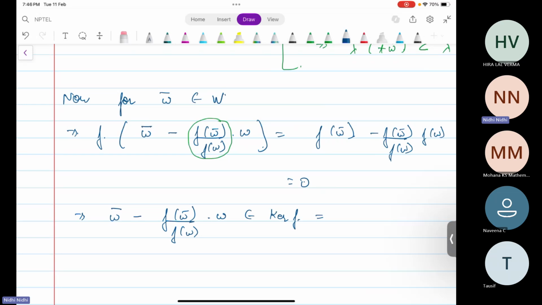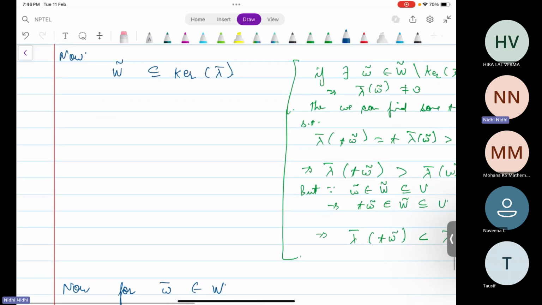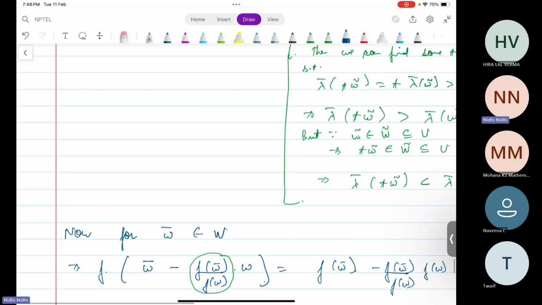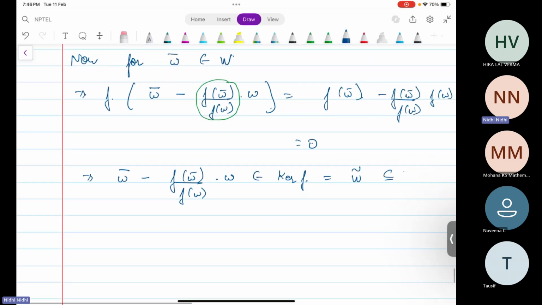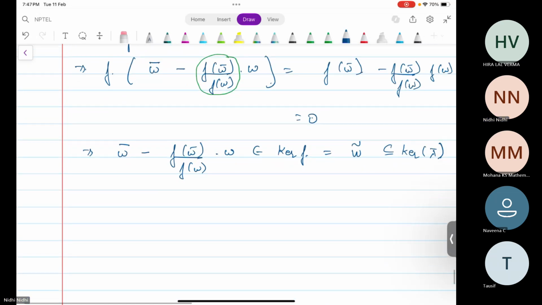Now kernel F was w tilde, and this is a subset of kernel lambda bar. This implies w bar minus f w bar by f w times w belongs to kernel of lambda bar.